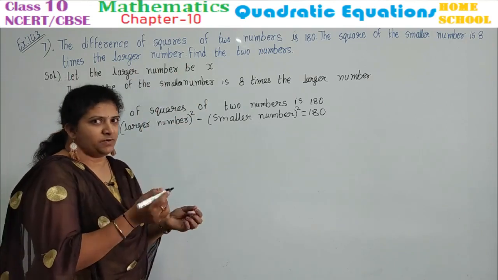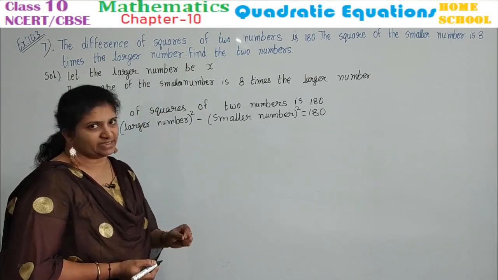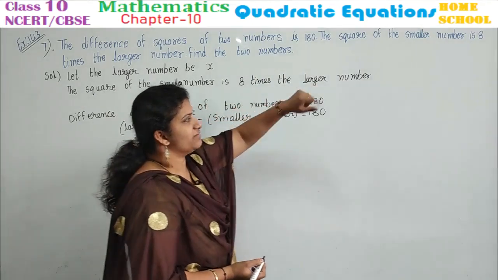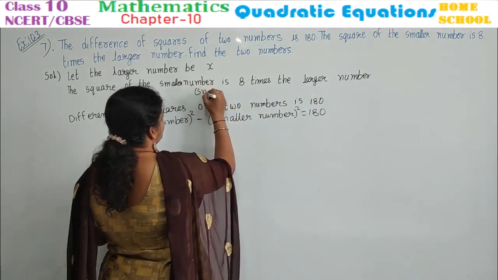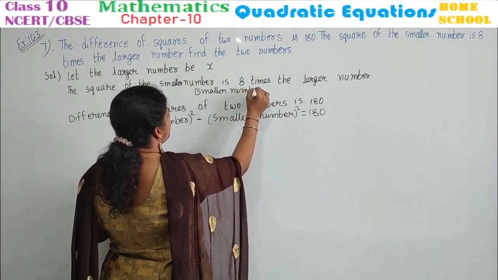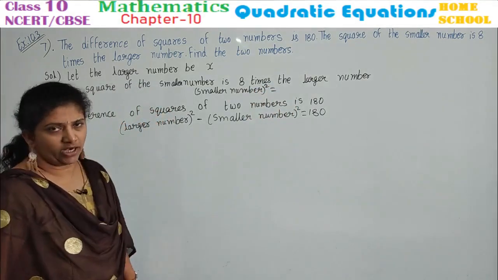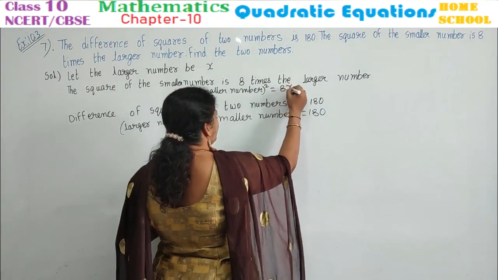Somehow this problem is twisting, no? Try to understand, it will be very easy for you. The square of the smaller number is 8 times the larger number. Smaller number square is equal to 8 times the larger number.